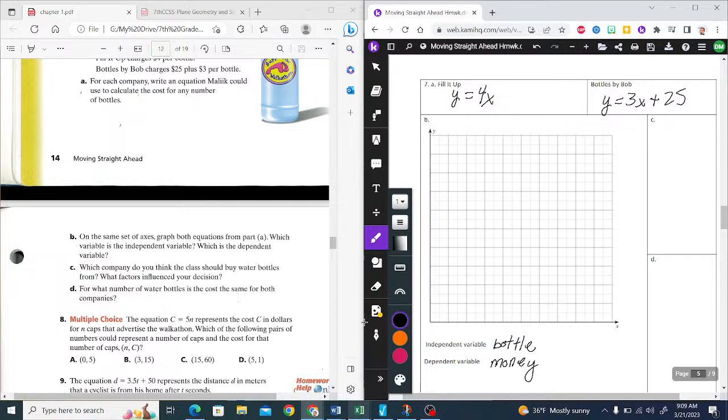Now, if I interpret the problem here, 4x is going to start off at 0, and the other one is going to start off at 25.